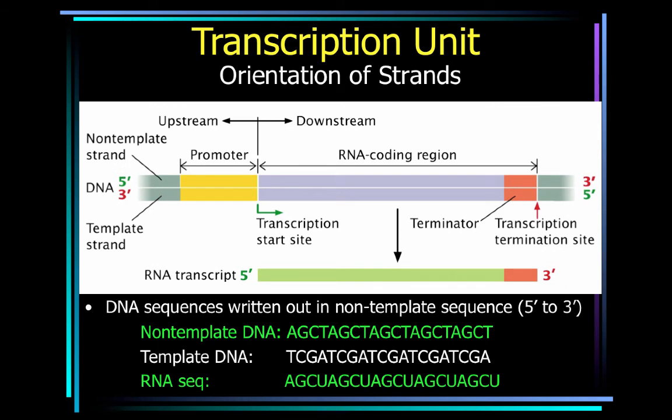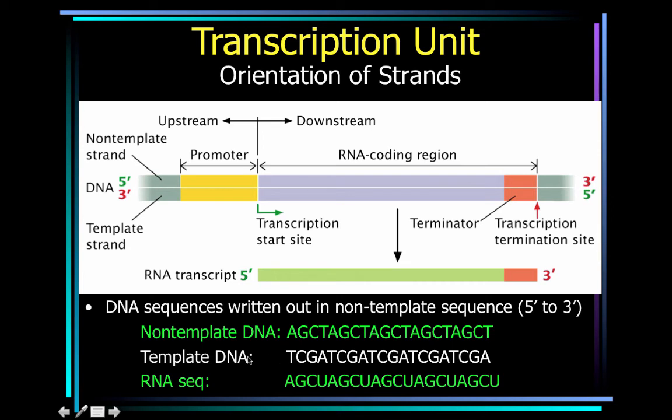So the transcription unit is going to be oriented in a 5' to 3' direction, but keep in mind we're always going to be adding nucleotides to the 3' OH group. As we look down here at the bottom of this slide, if we have a DNA sequence that's written out as a non-template sequence, 5' to 3', our non-template DNA, like the top one up here, may have this code associated with it in the 5' to 3' direction.